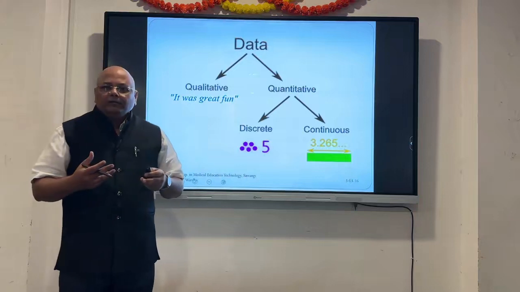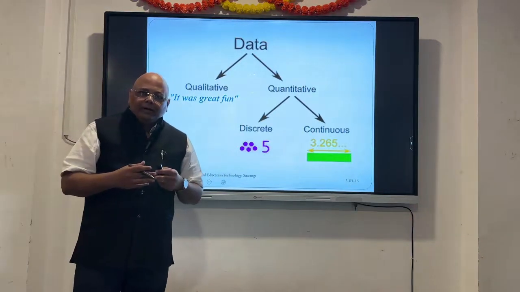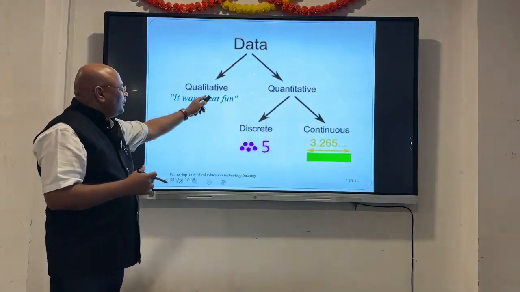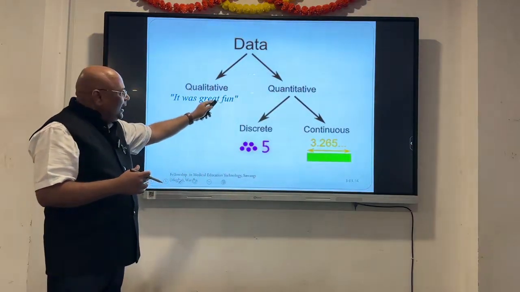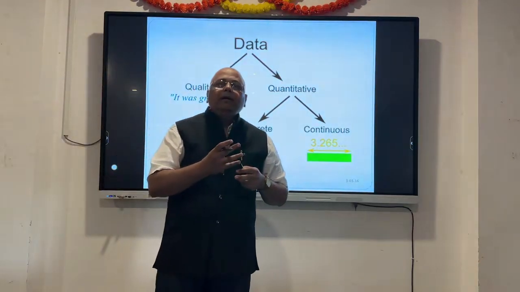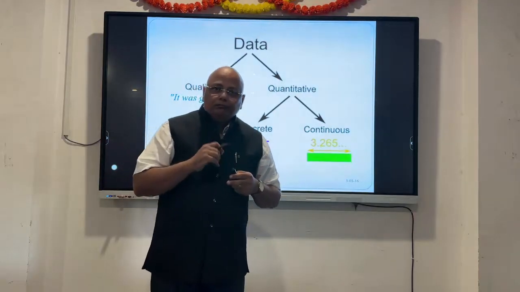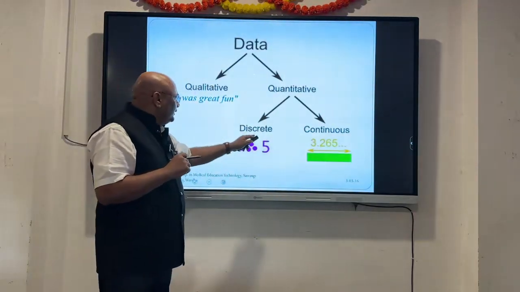How much great fun? 1, 2, 3, 4? We will not be able to quantify that. So that's why we call it qualitative data. And then we have quantitative data, which is quantifiable, that is, we will be able to quantify it into 1, 2, 3, 4. That is the quantitative data.